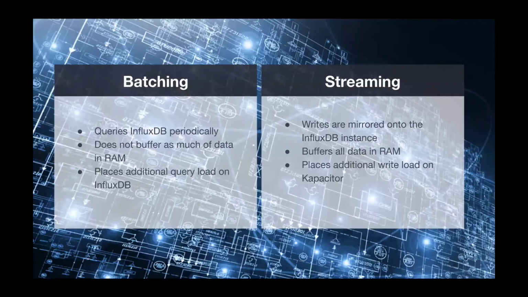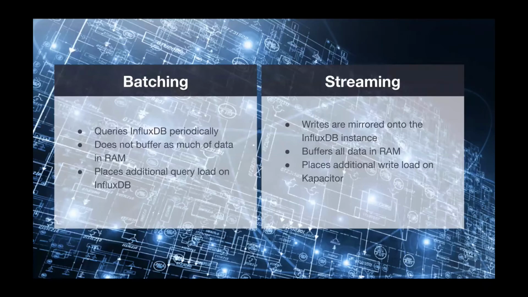All right, so just to reiterate, because this is a lot of information, the differences between batch and stream. So we did just look at the batch task example, and you saw in that example that when you run a batch task, you have to query InfluxDB. So you query InfluxDB periodically, and this is great because you don't have to use a lot of memory.